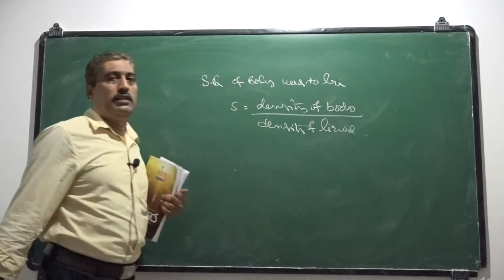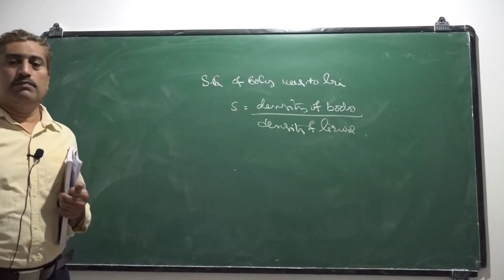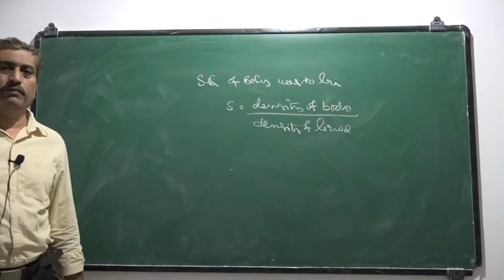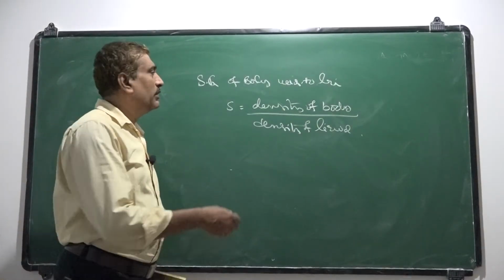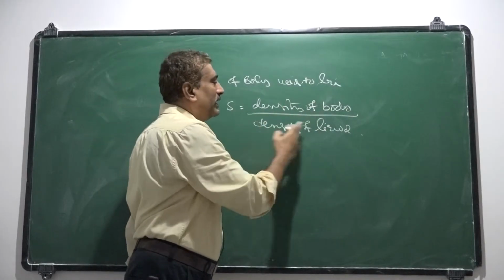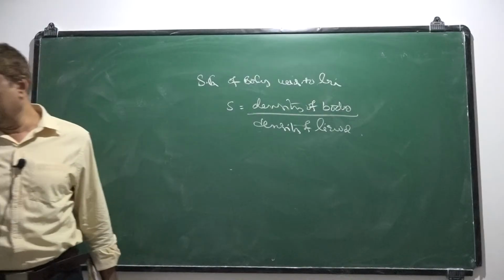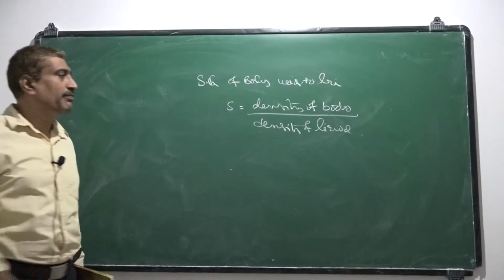This is called relative specific gravity relative to the liquid. So the relative density of the body with respect to a liquid is given by the density of the body to the density of the liquid. The ratio of these two is called relative density with respect to this particular liquid.